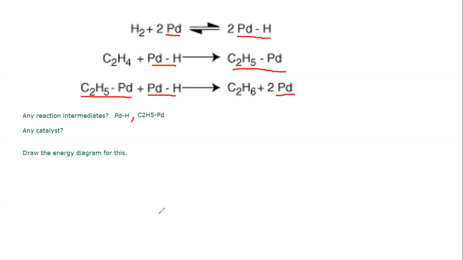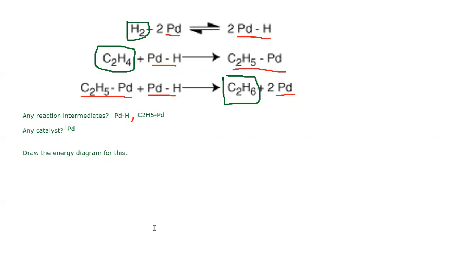And so you see the only things left after the reaction intermediates and the catalyst are just H2, C2H4, and C2H6. So that's what's going to be in the overall reaction. So the catalyst here, and this is a heterogeneous catalyst, would be palladium.